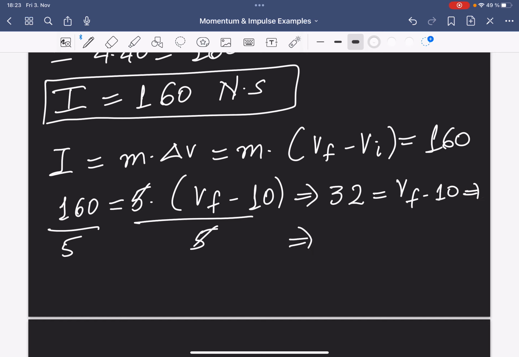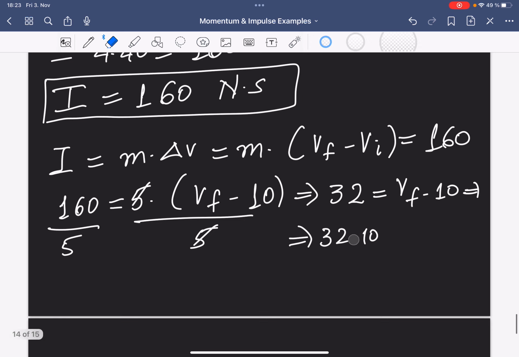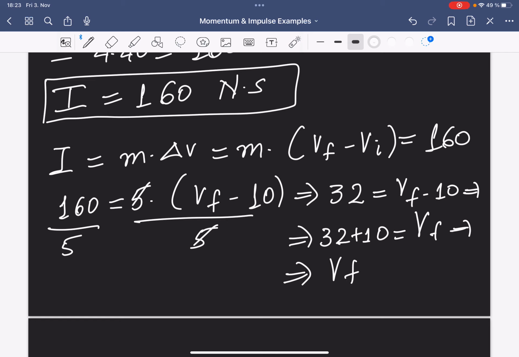Then you add 10 on both sides, so VF is going to be 42 meters per second.